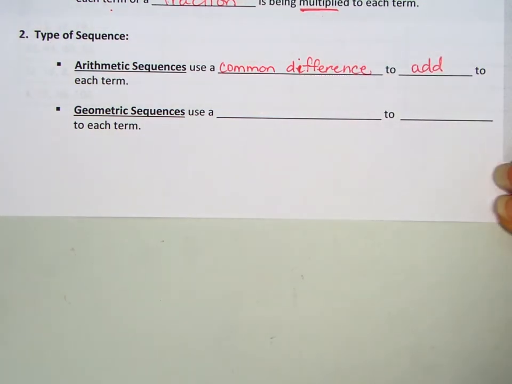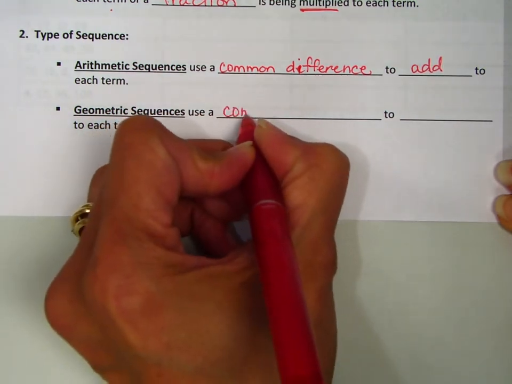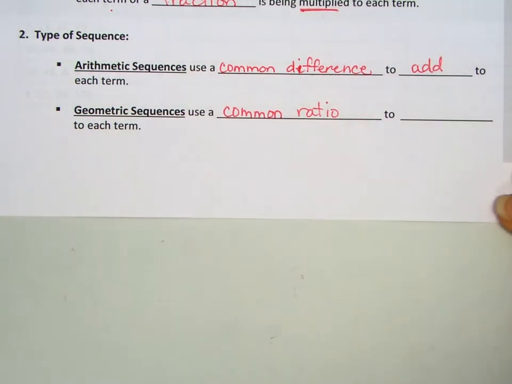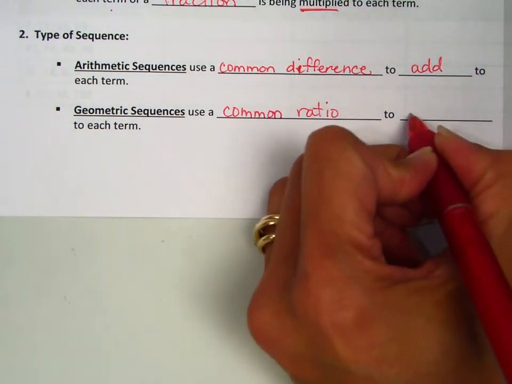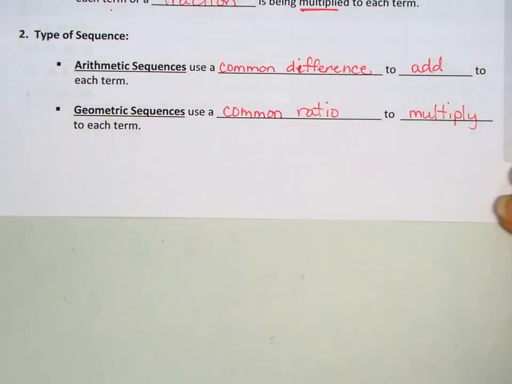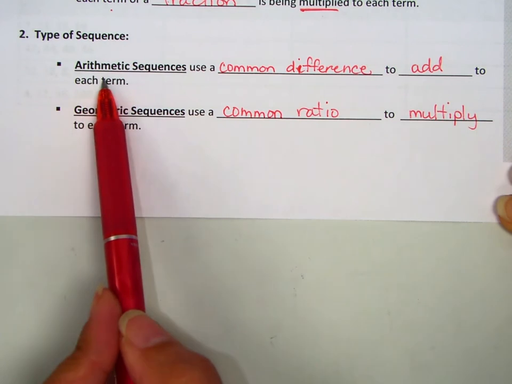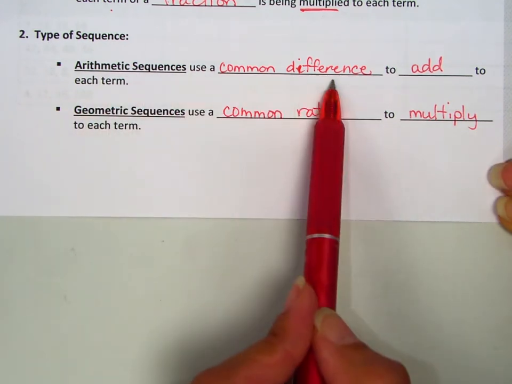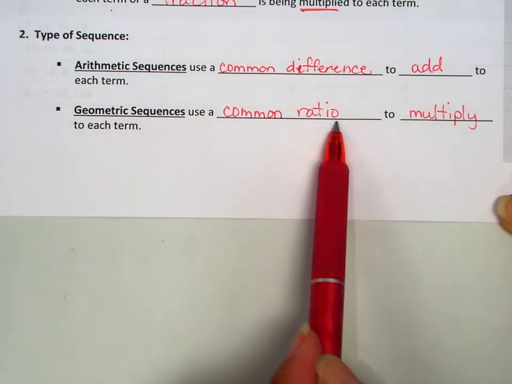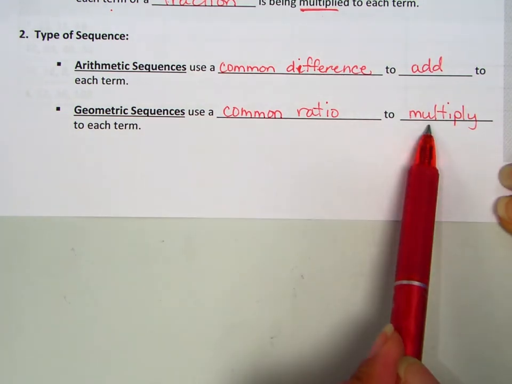In a geometric sequence, we will use a common ratio. And when we do a geometric sequence, we use that common ratio to multiply to each term. So it's very important that we make that association, that arithmetic sequences use a common difference to add, geometric sequences use a common ratio to multiply.